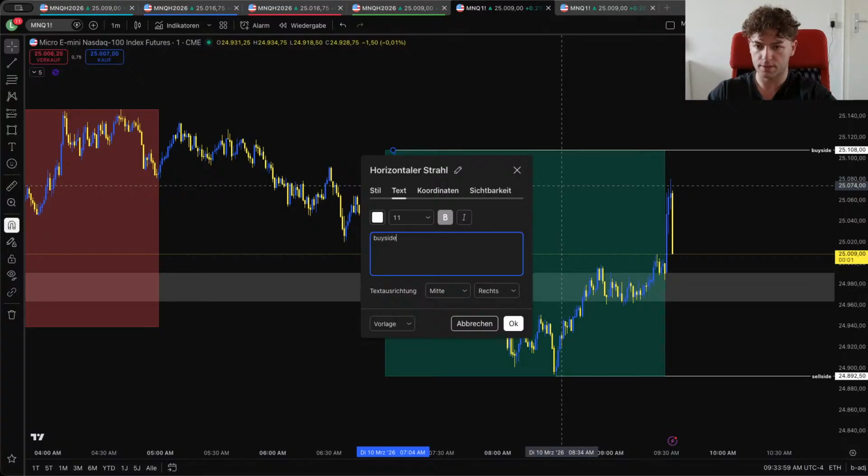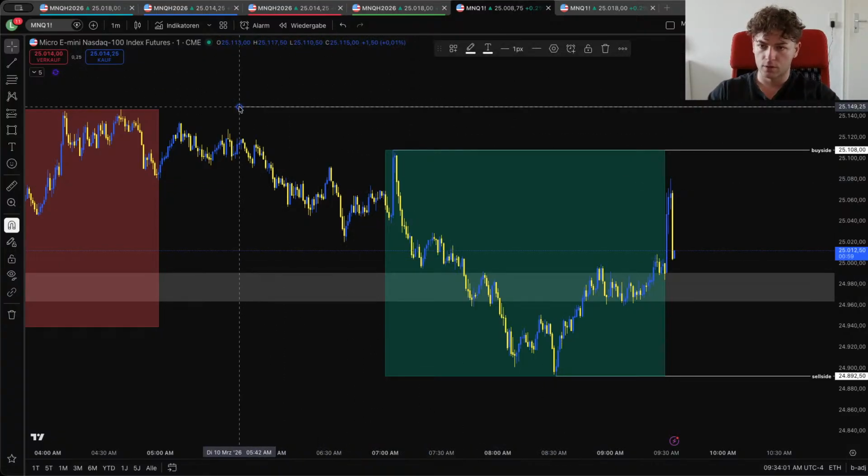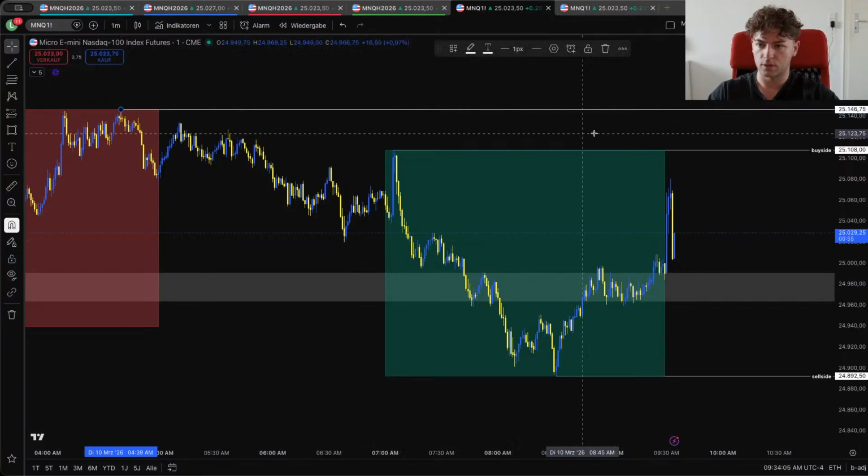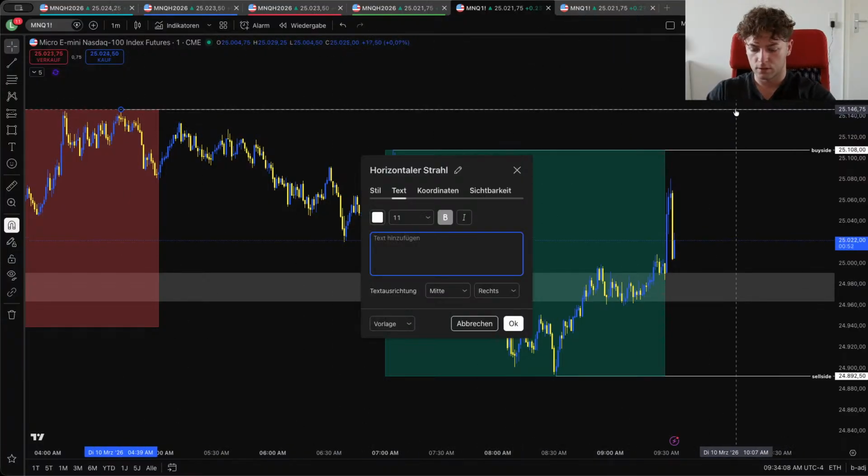So buy side right here, we have relatively equal highs, or yeah, London high, relatively equal highs.